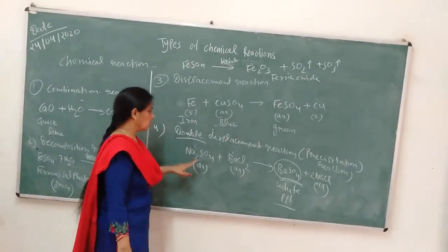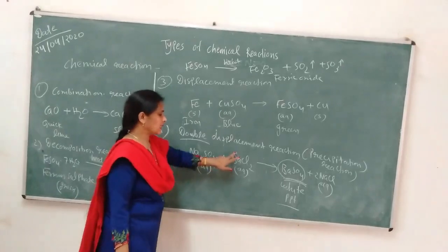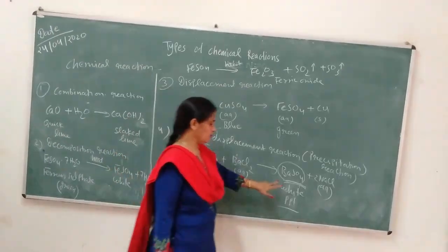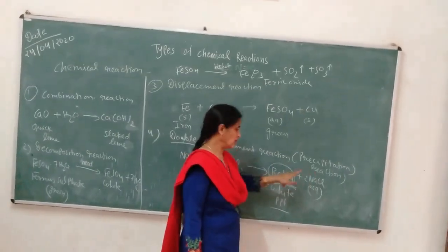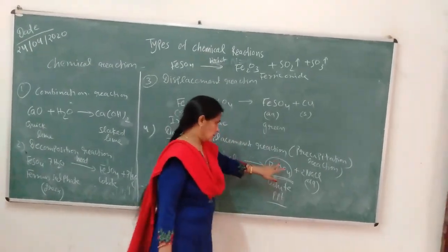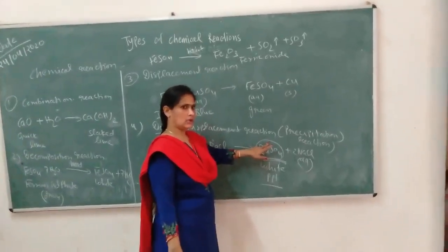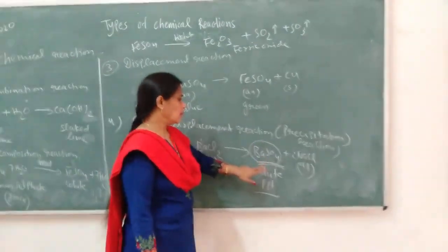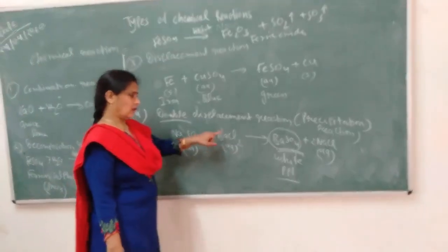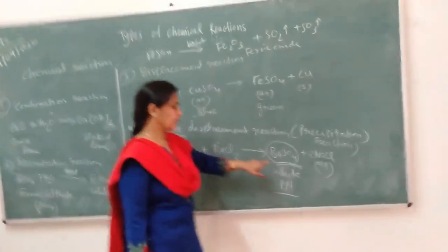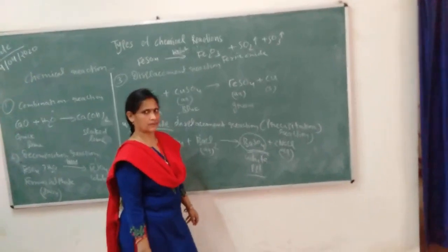Aqueous solutions of two substances react with each other to give two new products, and out of these, one product is insoluble in water, so we obtain a precipitate. Since sodium sulfate after reaction with barium chloride gives white precipitate of barium sulfate, it is also known as precipitation reaction.